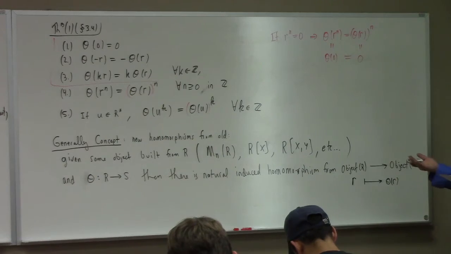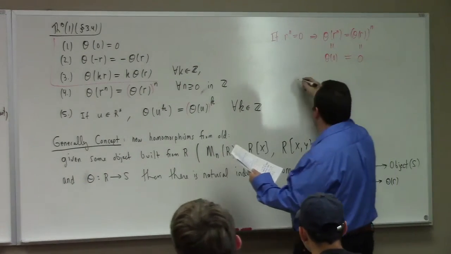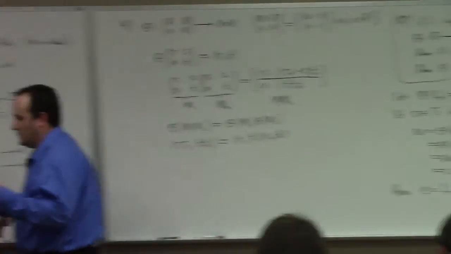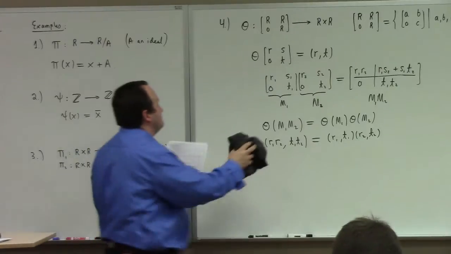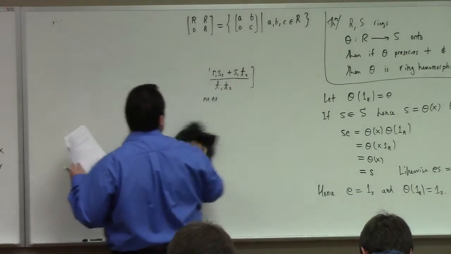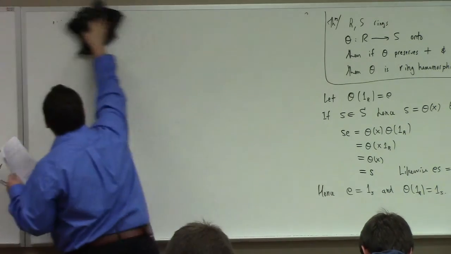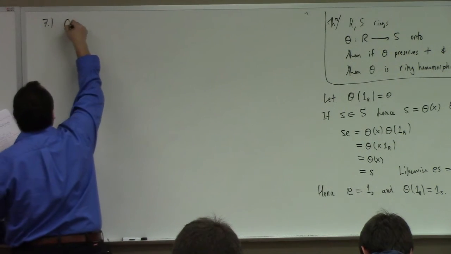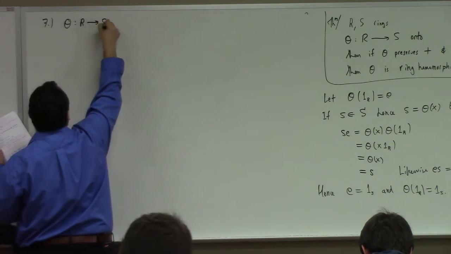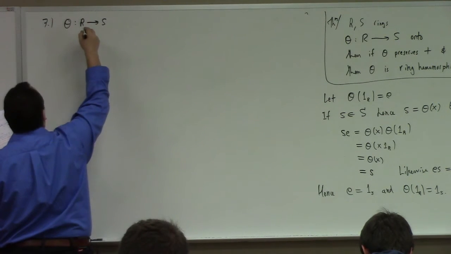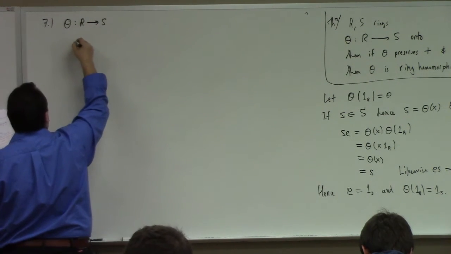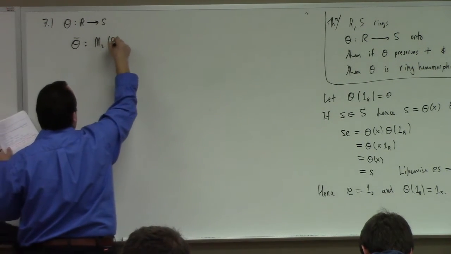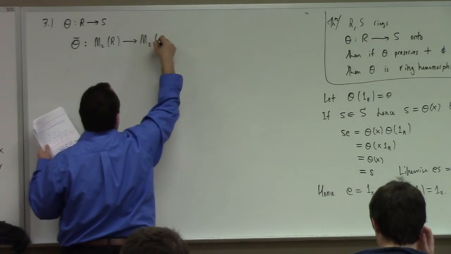So example 7 is one of these. It's kind of like this. We have theta going from R to S, and I'm going to build theta bar going from M2 R to M2 S, but you could easily see how to generalize this to n by n matrices.